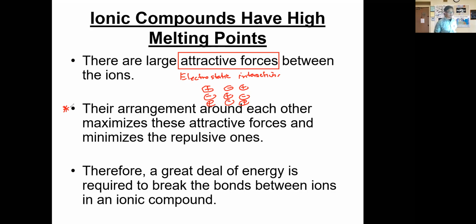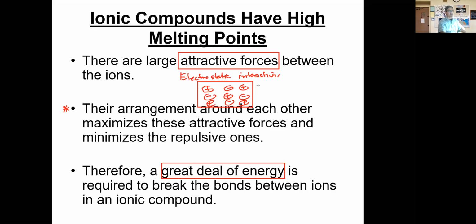And so it takes a whole lot of energy to disrupt this pattern, a lot of energy to go in and break up this interaction. And this is just one small section. If you imagine this over three dimensions, over a large amount of space, it's going to take a whole lot of energy to disrupt that.